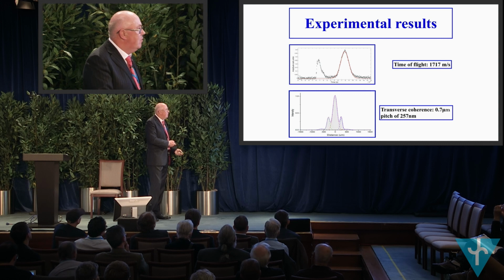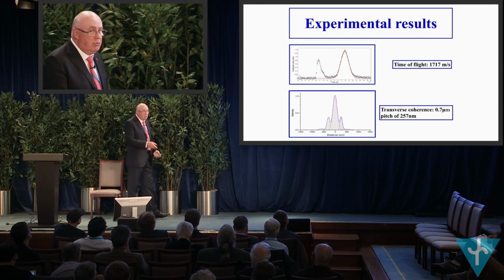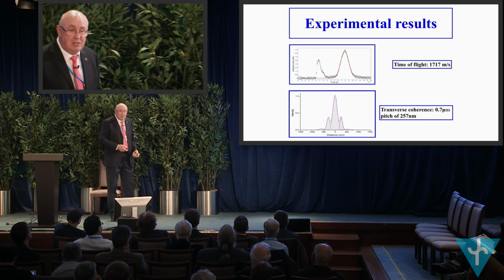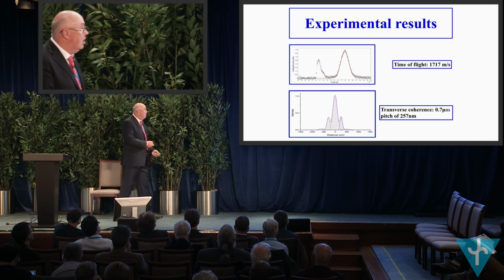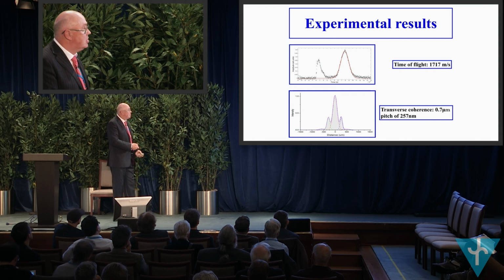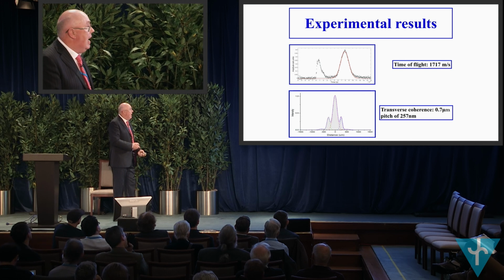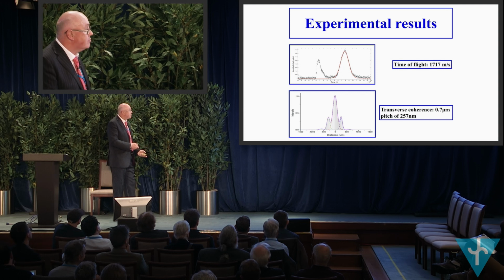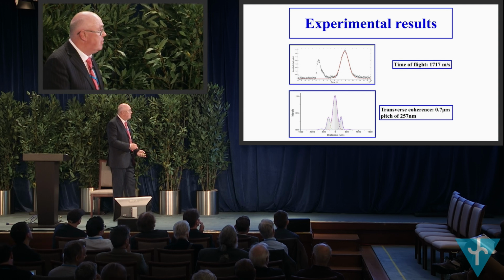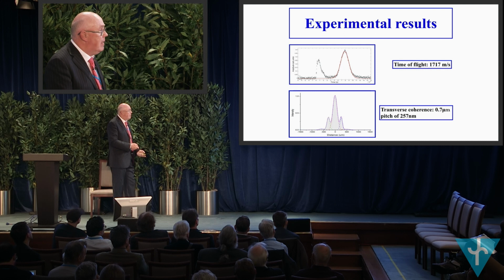But anyway, we've put it through because I think you pointed out to me at the last meeting that I need to worry about transverse coherence. Well, we've got a diffraction pattern after much huffing and puffing, and then worked backwards from that to show that our transverse coherence to get this was of the order of about 0.7 micron.